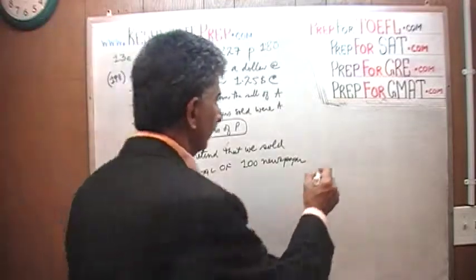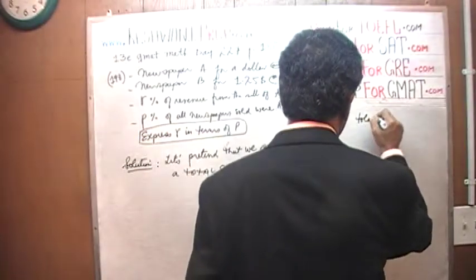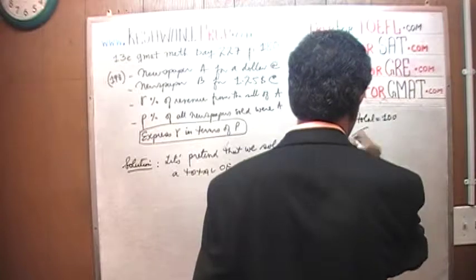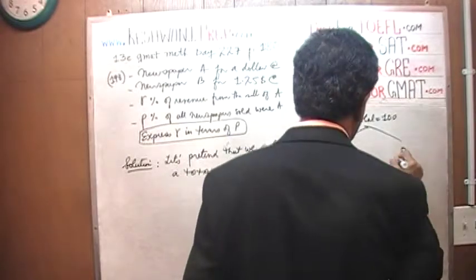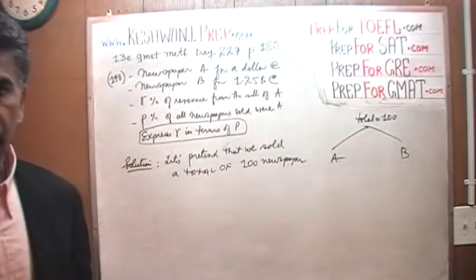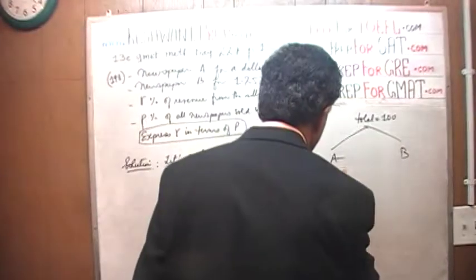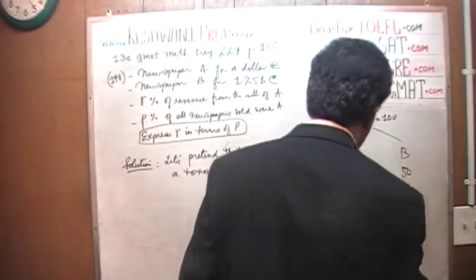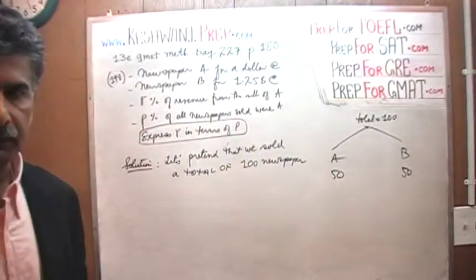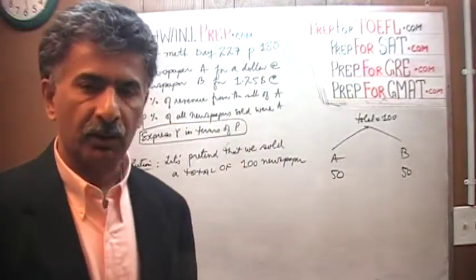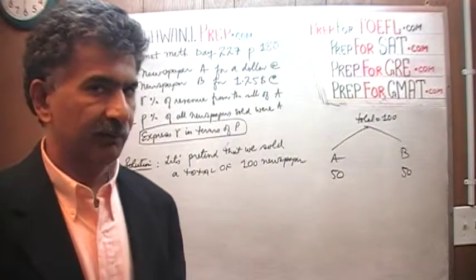So here's our total newspaper. Some of them were newspaper A, some of them were B. Now you might be tempted to say, let's pretend that half of them are A and half are B. There is nothing wrong with it, except, as I said, some numbers make your calculations more tedious and some numbers are more friendly.